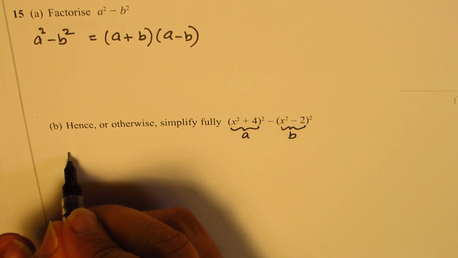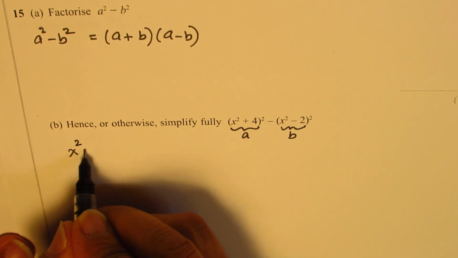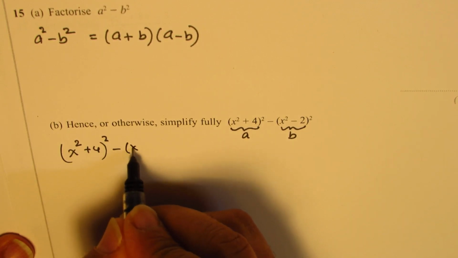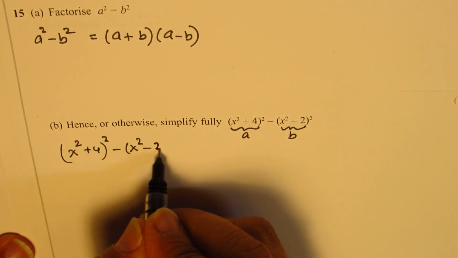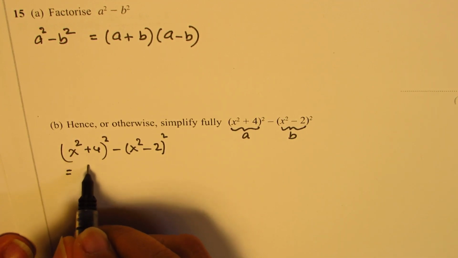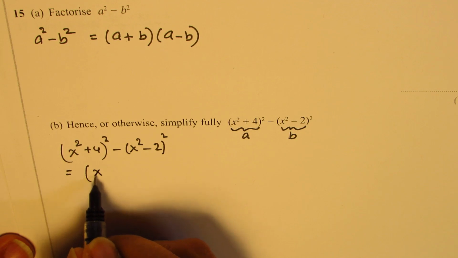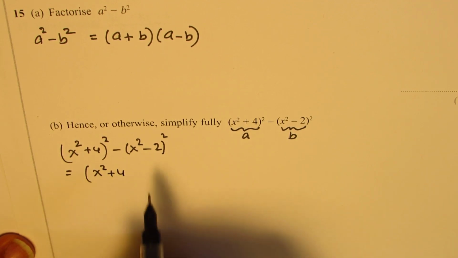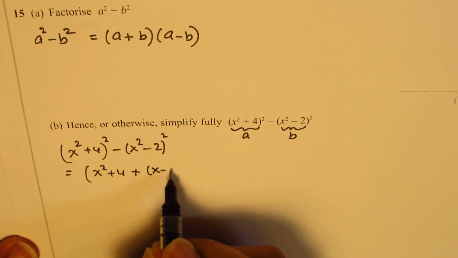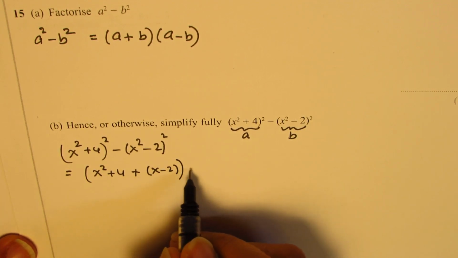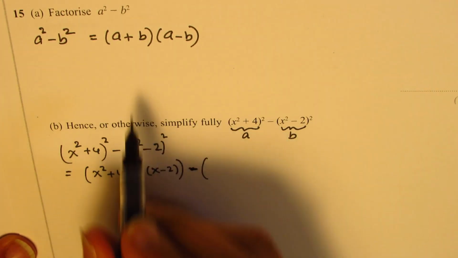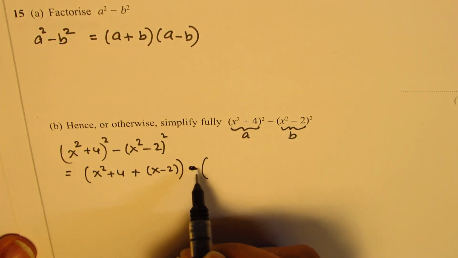So we could write (x square plus 4) whole square minus (x square minus 2) whole square as equal to the first term a, so x square plus 4, plus the second term, x minus 2, times, sorry, so we have written a plus b. Now we write a minus b, right?